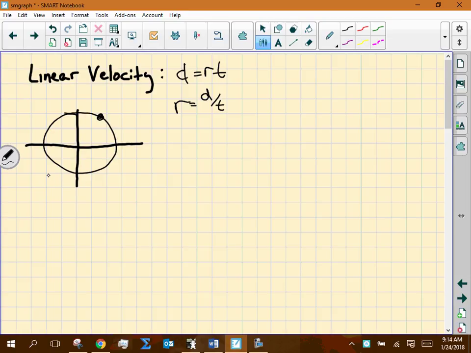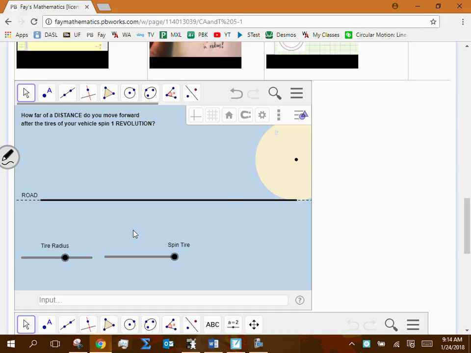We want to know, how does that speed transfer to that object moving along a straight line? And I don't know if I showed you this one yesterday. I don't think I did.